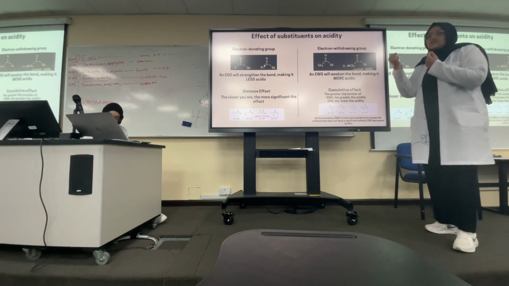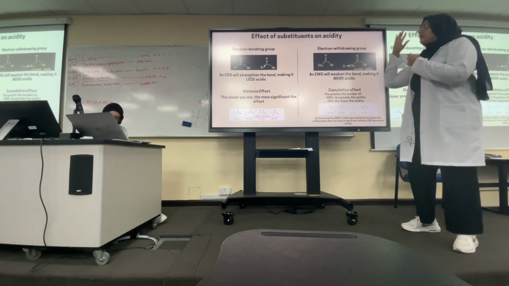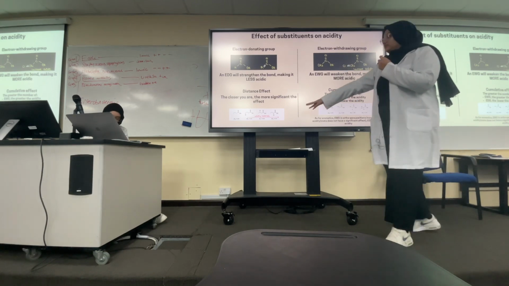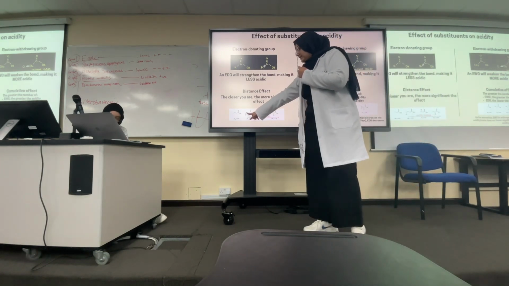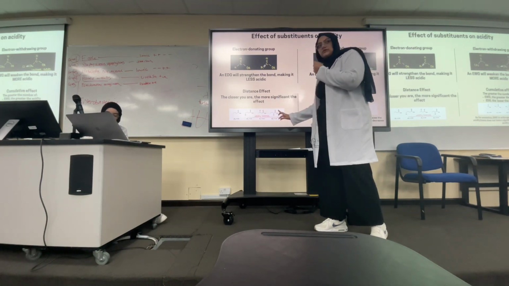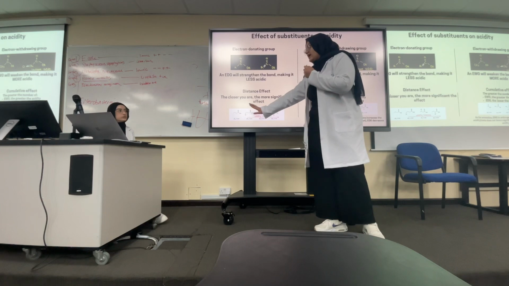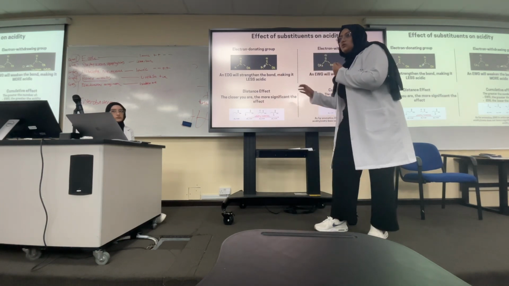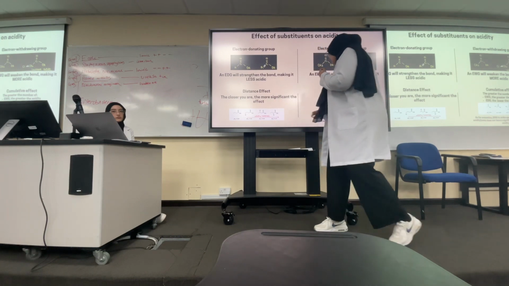The effect depends on whether the substituent is electron donating or electron withdrawing. If I have chlorine getting closer to my carbon, my acidity will increase. If instead of chlorine I had an electron donating group, will it become more acidic as it comes closer, or less acidic? Less acidic.